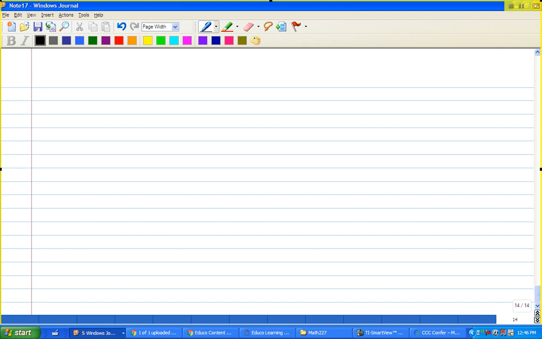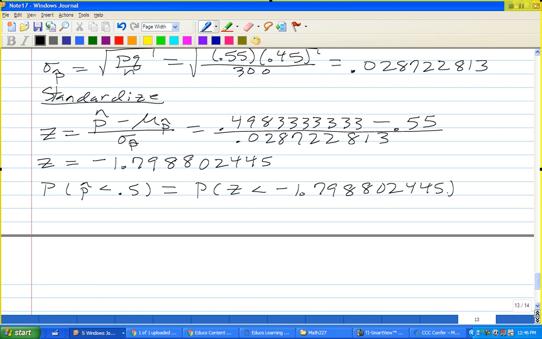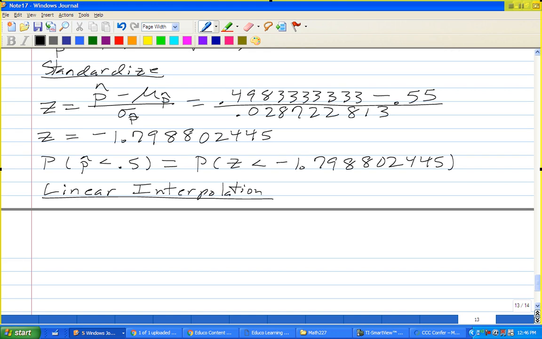And so I want to find the probability that the sample proportion is less than 0.5. And so that's the same as finding the probability using the normal approximation that z is less than negative 1.79880245. So I'm going to use linear interpolation. Okay, so let's do that.